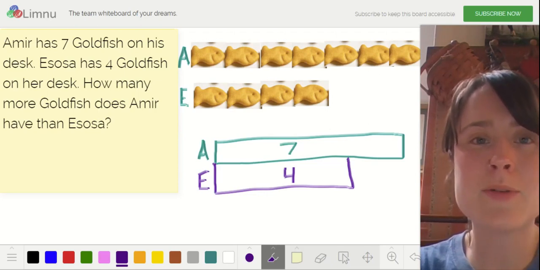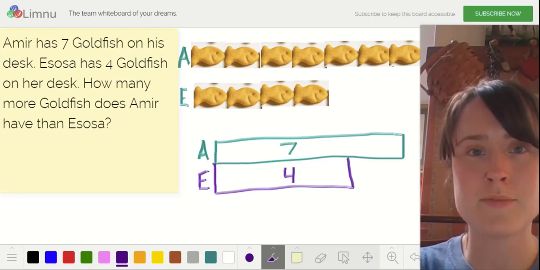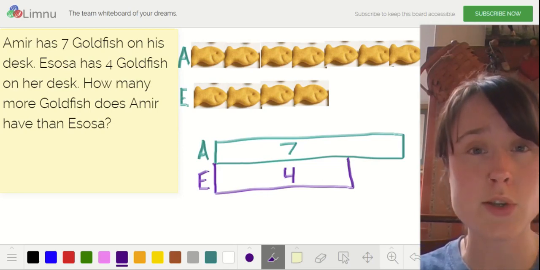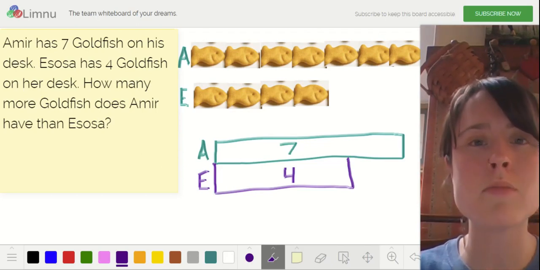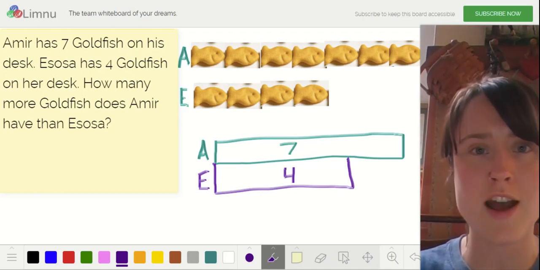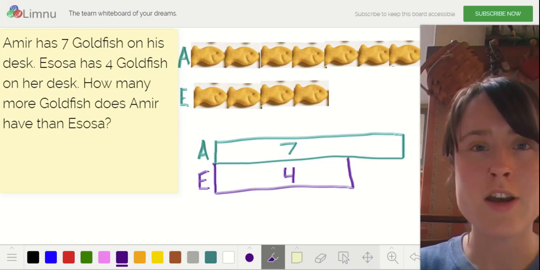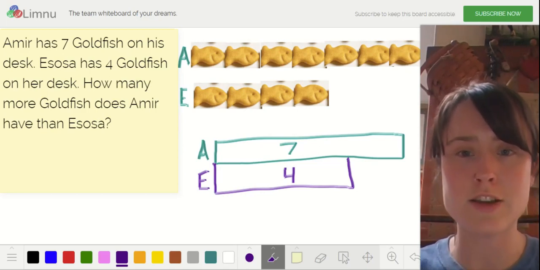Great, now let's think about what the question's asking us to figure out. Is it asking us for the total number of goldfish that Amir and Isosa have all together? No, it said how many more goldfish does Amir have than Isosa? Ooh, when I hear how many more, I know that I'm looking for a part that's extra or a part that's different.